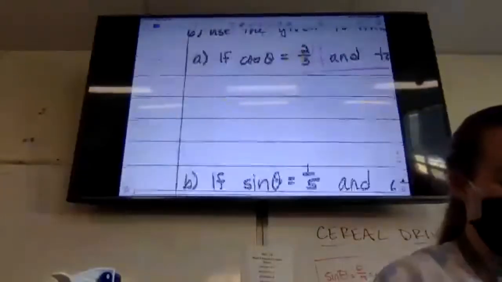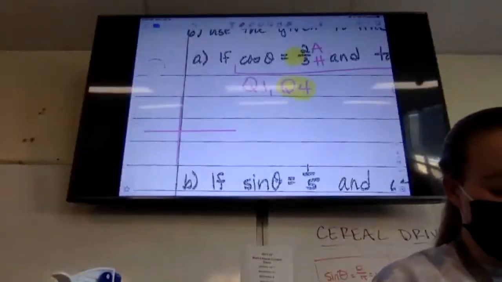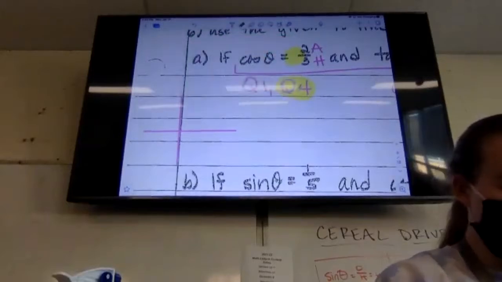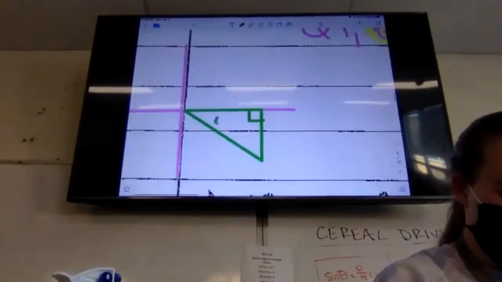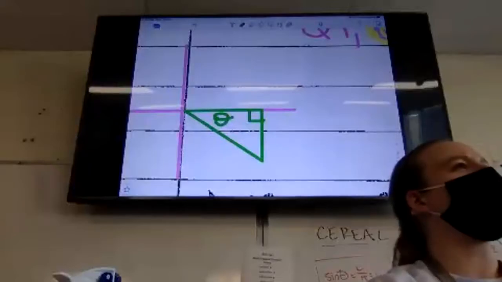So we're going to draw a little coordinate plane. We're going to put our triangle in quadrant 4, and we're going to label our adjacent and our hypotenuse as 2 and 3 respectively. And then don't forget, I know it's been a few days, your theta always goes by the origin.